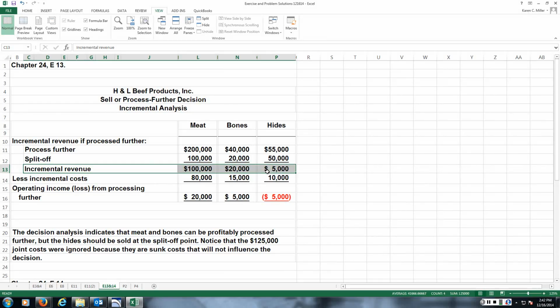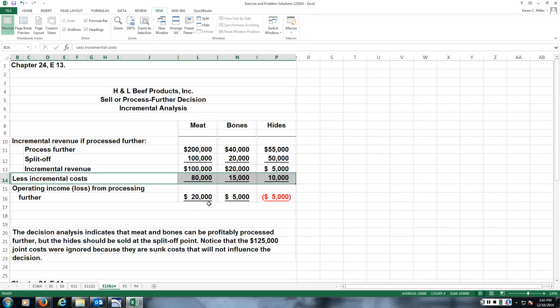But remember, there are some additional costs if we continue to process the meat, the bones, or the hides. And our book tells us that additional processing costs are $80,000 for meat, $15,000 for bones, $10,000 for hides. So even though I could generate an additional $100,000, incremental revenue for meat, I would incur $80,000 of incremental or additional cost for incremental or additional operating income of $20,000.